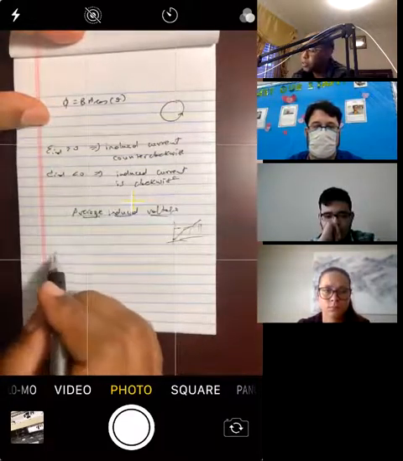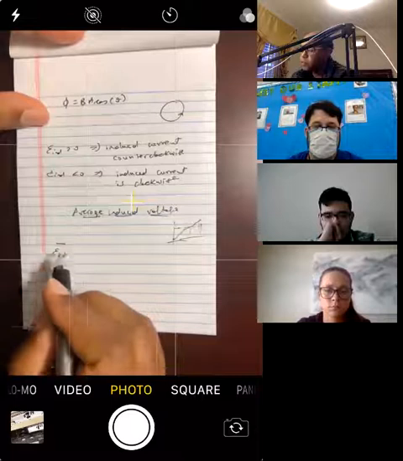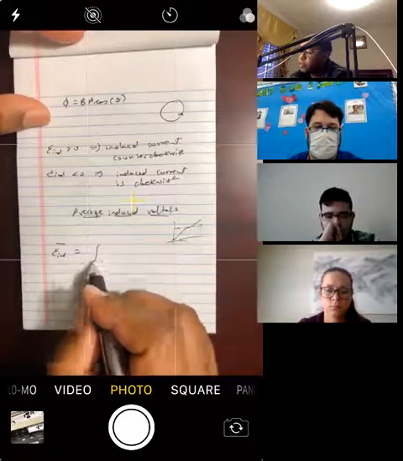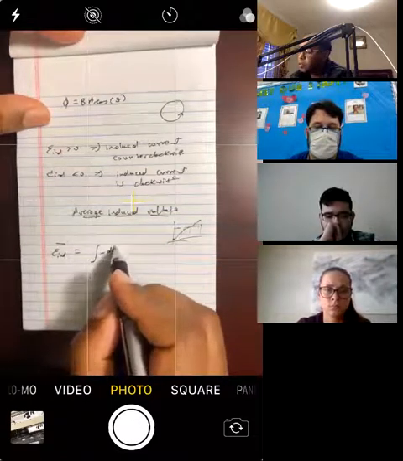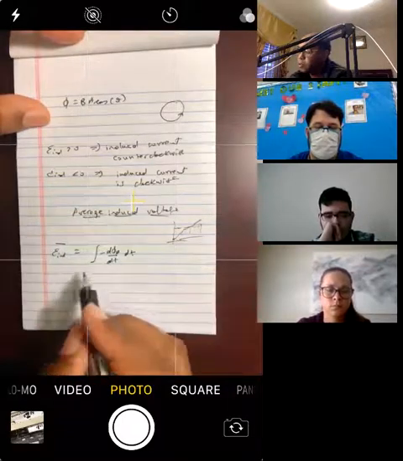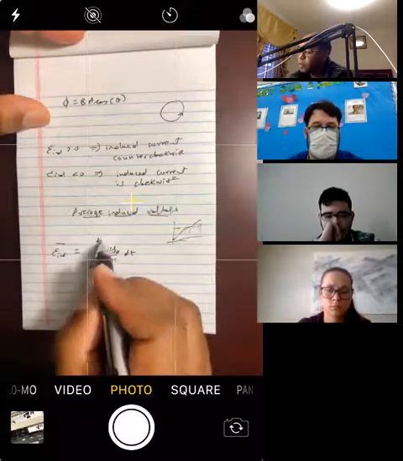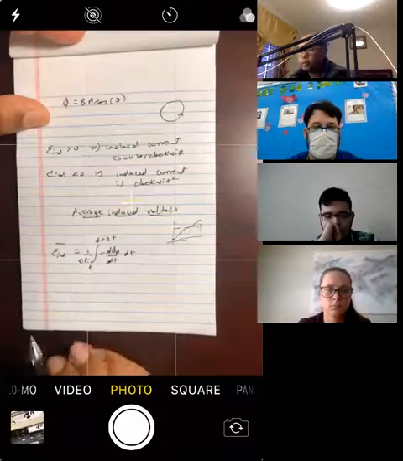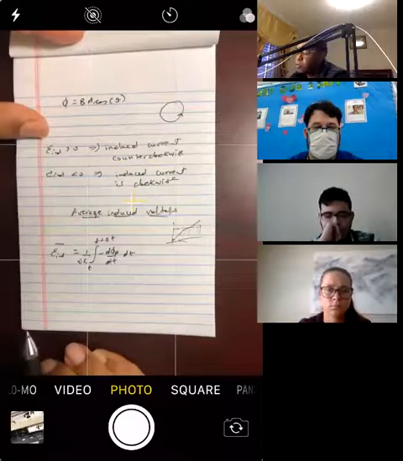So for the average induced voltage, if you want to find the average over a time interval delta t, we can integrate the function negative d phi b by dt over time, going from t to t plus delta t, and then we divide by the base, or delta t. This is the definition of average.